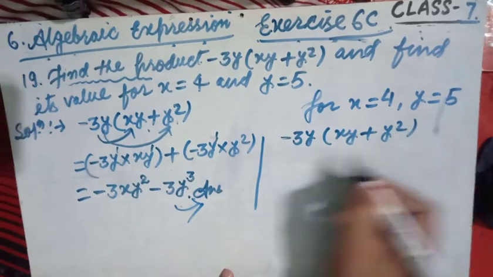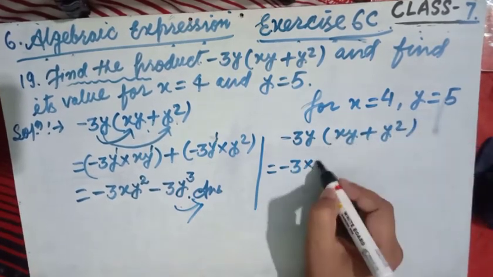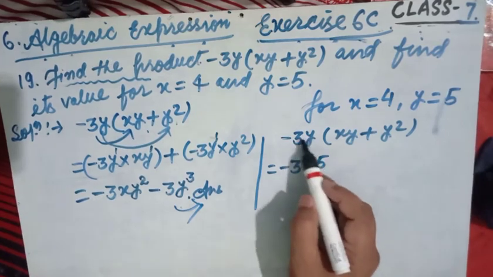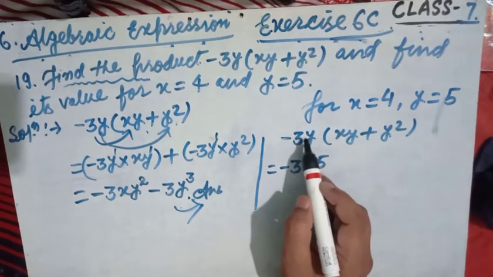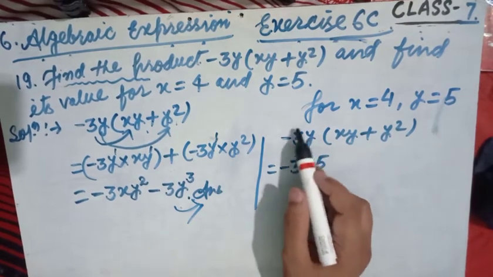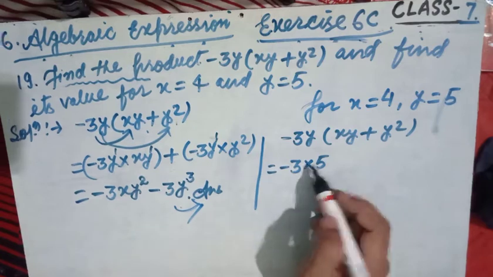Now place the value here: minus 3 and the value of y is 5, because between -3 and y the sign of multiplication is hidden, that means -3 multiplied by y.